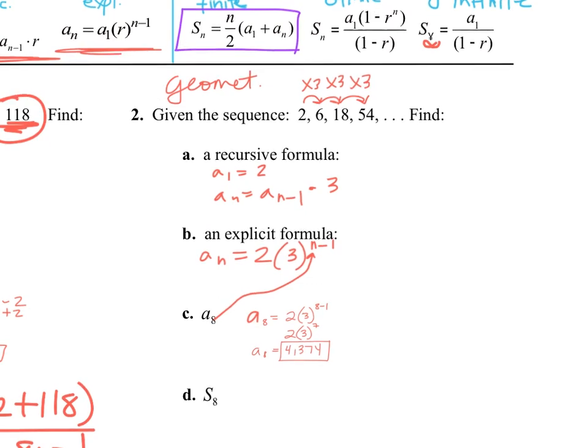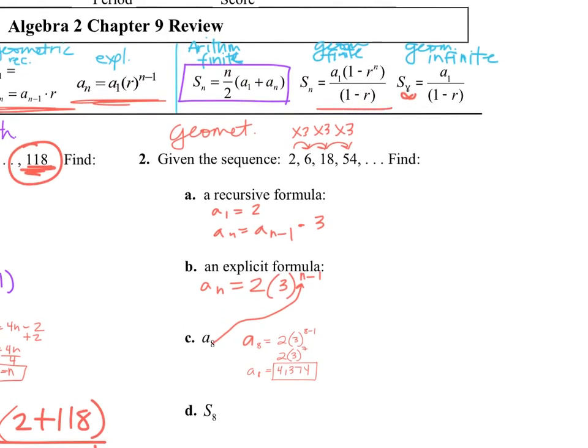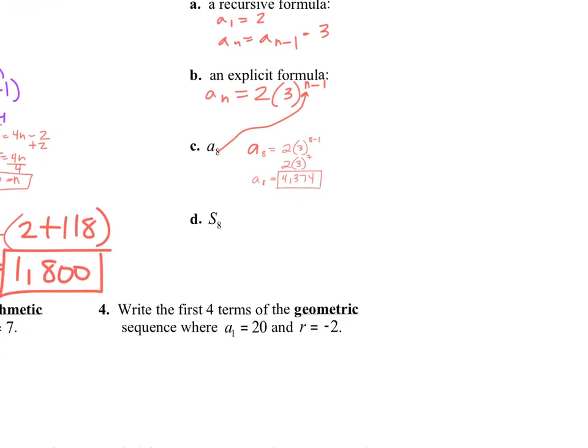Then if we're doing the sum of those 8 terms, again, we said this is a geometric sequence. So if you look at your formulas, the sum for a geometric sequence, this is finite, because we're finding the sum of 8 terms.